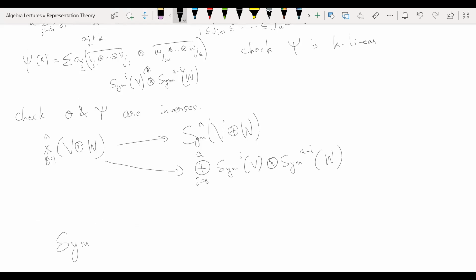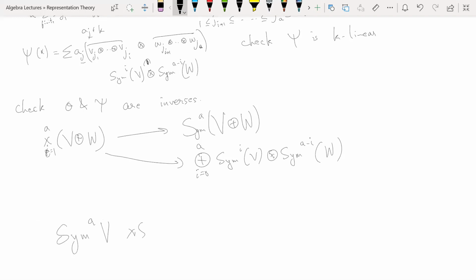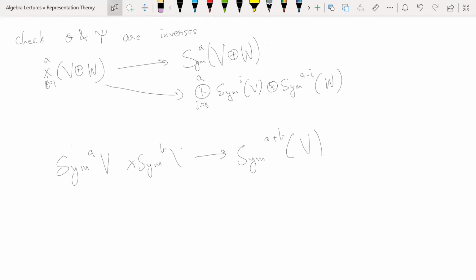Of course there is a natural map from Sym^A V cross Sym^B V to Sym^(A plus B) V, which sends (v1 ... vA, v1' ... vB') to v1 dot vA, v1' dot vB'.